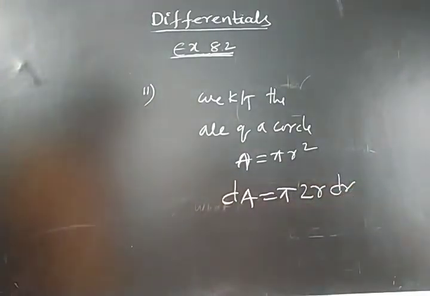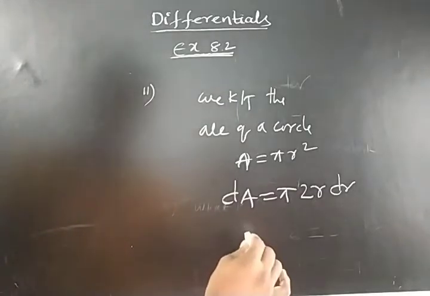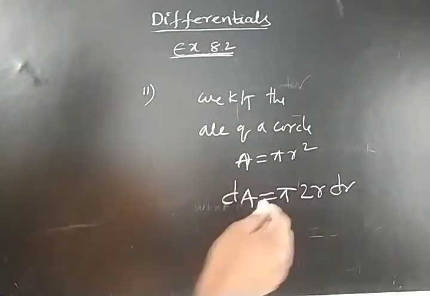Already we got dr. What did we get for dr? 3 by pi.